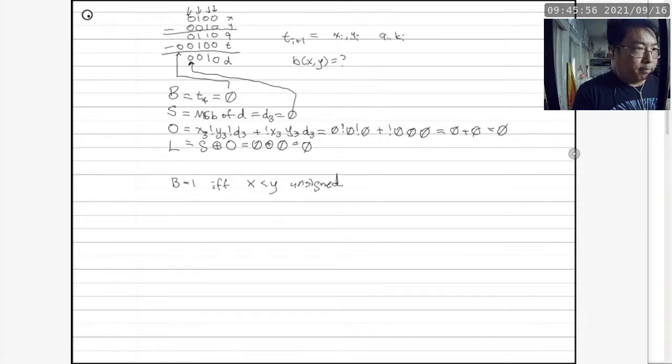In order for the B flag to be set, we need x to be less than y using the unsigned interpretation. So I'll give you one example just like that. Let's use a fairly extreme example here: 0, 0, 0, 0 minus 1, 0, 0, 0.